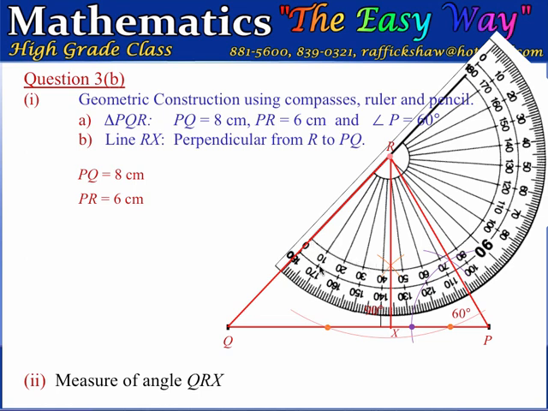Note that there are 2 scales on the protractor, one that goes from 180 downwards and one that goes from 0 upwards. We're measuring the angle from 0 upwards to this line, and we want this angle here.